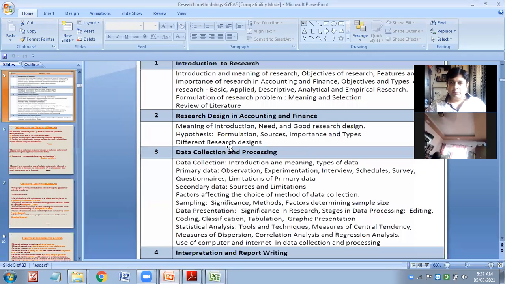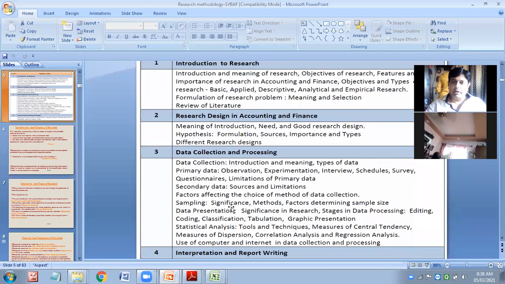So we started with problem, we went to the design, we have seen review of literature, we applied the collection method of data, then we have also defined our sample, how much data we need to collect, we have framed our questionnaire, and then finally when we have collected the data, now we are trying to present the data in a different form.